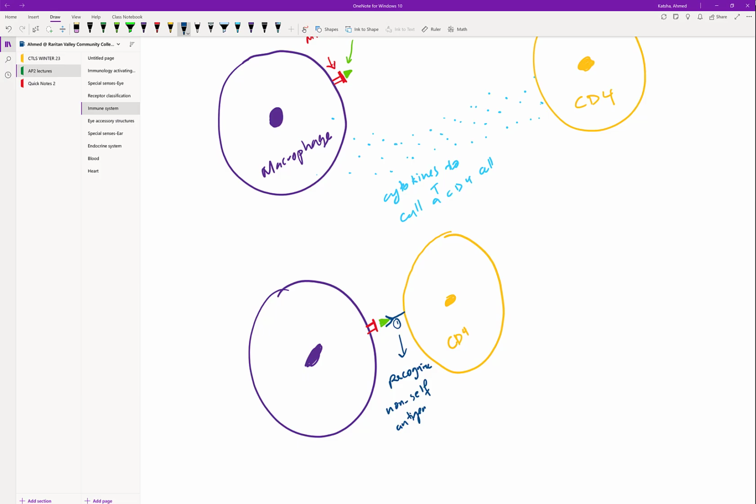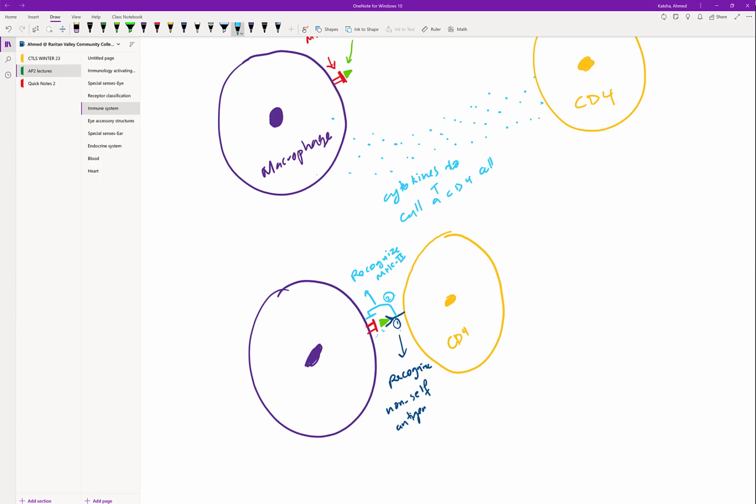And then it has to recognize the MHC2. What is the point? The point is that this T helper cell, in order to get activated, needs to double check on both: that the antigen is non-self antigen and that the carrier of that antigen is MHC2. If either one fails, then we will not get activation.